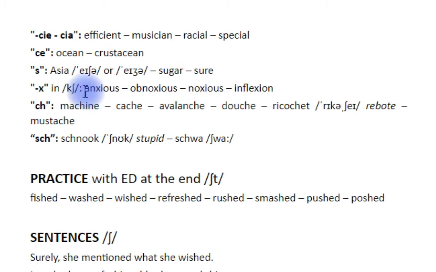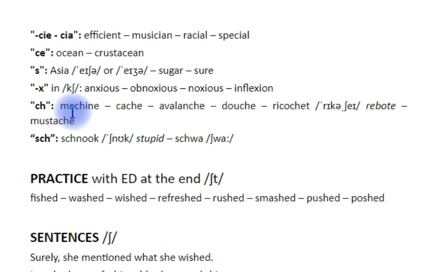And the X, as we mentioned earlier: anxious, obnoxious, noxious, inflection. Be careful because in these suffixes the schwa is very important. We don't say anxious or obnoxious with a full vowel. No, we don't. We say obnoxious, just the schwa.